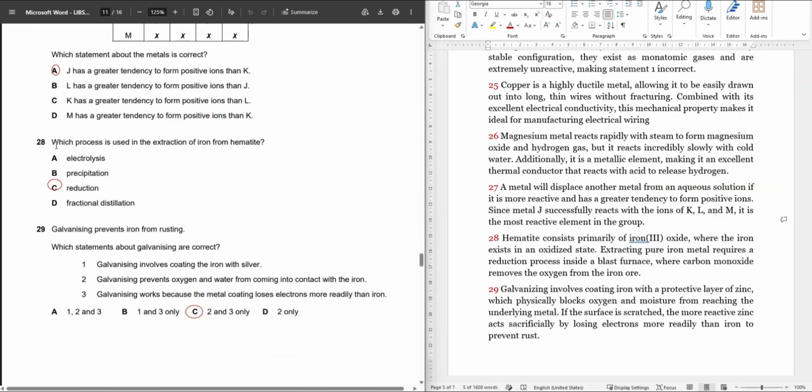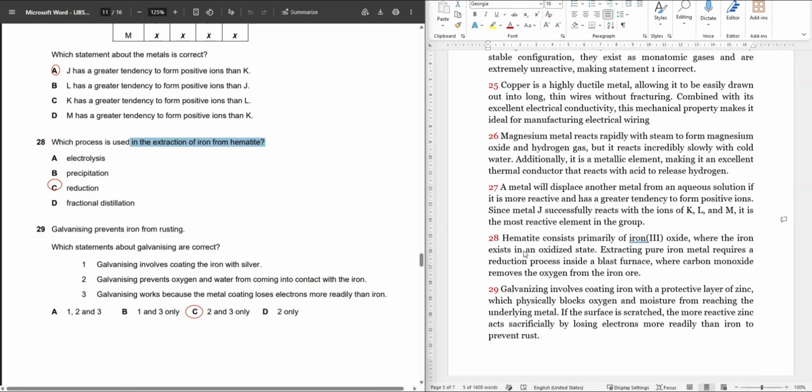Question number 28. Which process is used in the extraction of iron from hematite? The options are A, electrolysis, B, precipitation, C, reduction, D, fractional distillation. Our answer choice is reduction. Reduction is used in the extraction of iron from hematite.